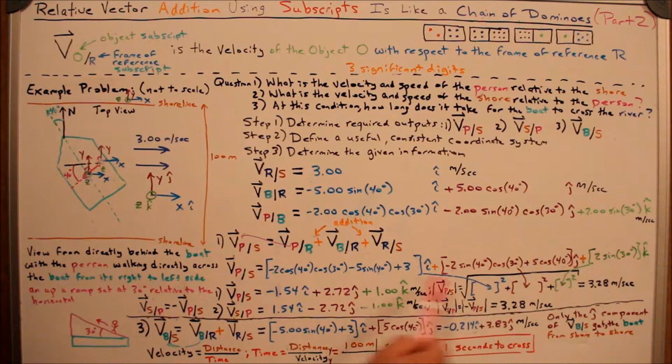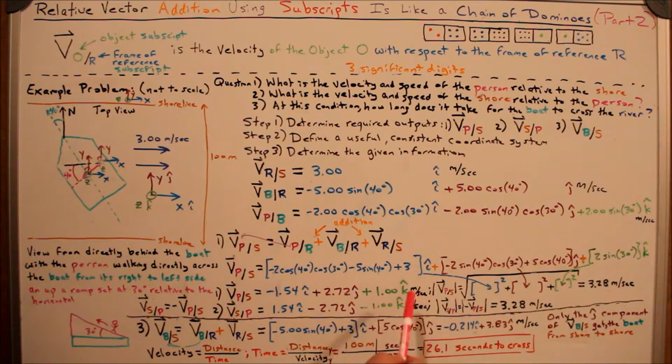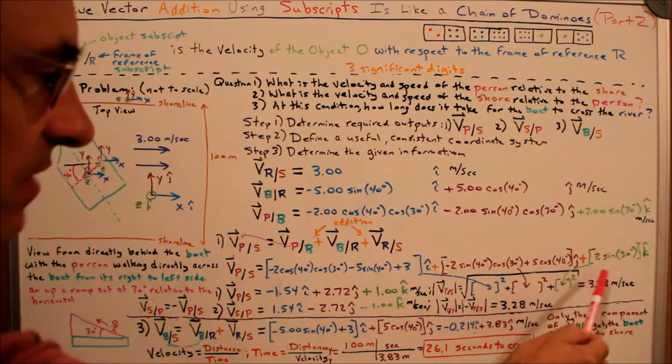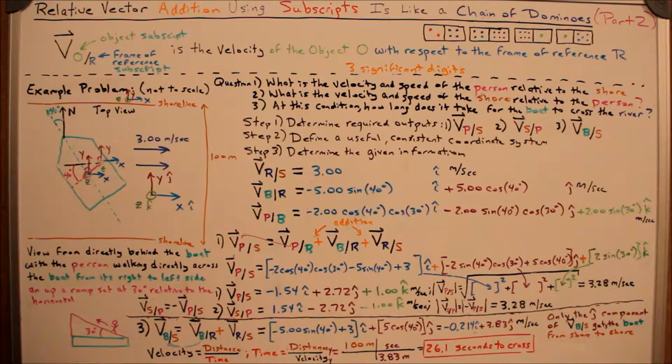So you square the i hat component magnitude, square the j hat magnitude, square the k hat magnitude, take the square root of that value, and that's the scalar, or the speed in this case. So I'd take these numbers, square it, take this, square it, take that value, square it, take the square root, so it ends up the speed is 3.28 meters per second.